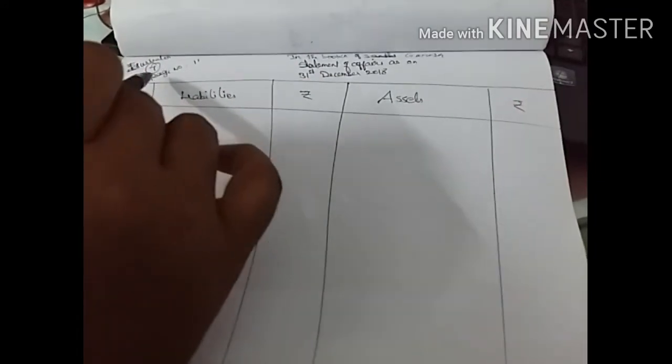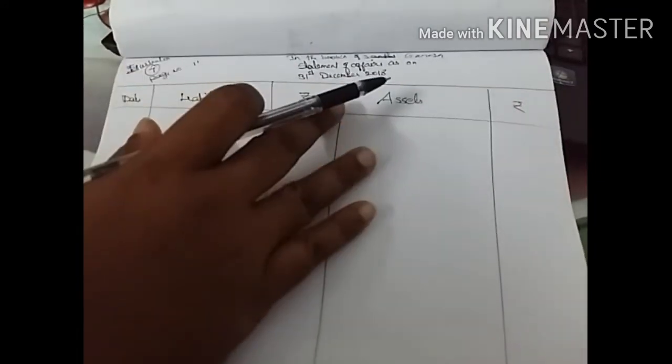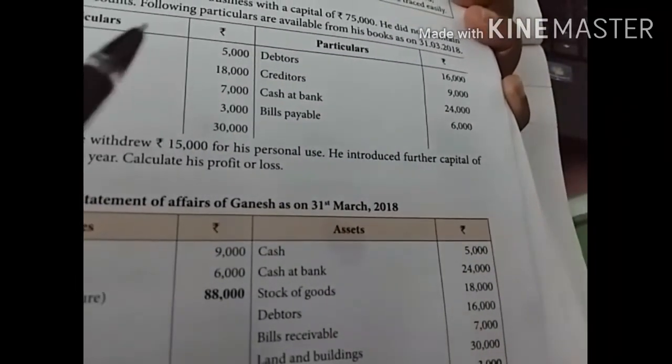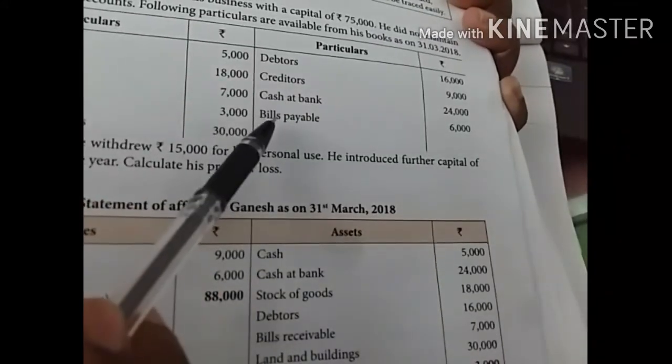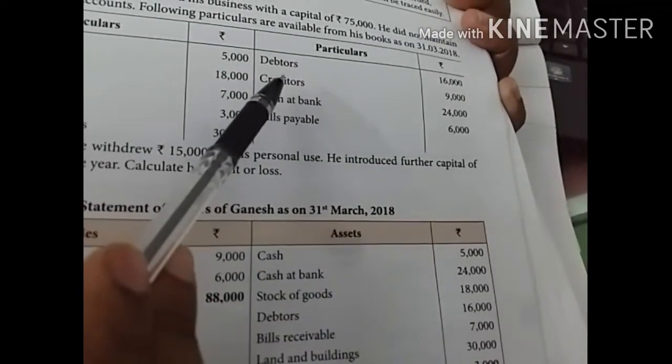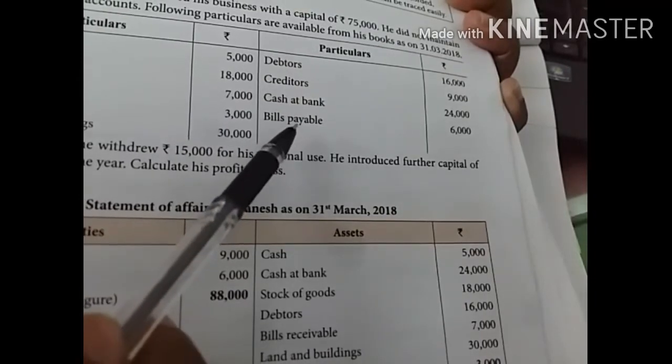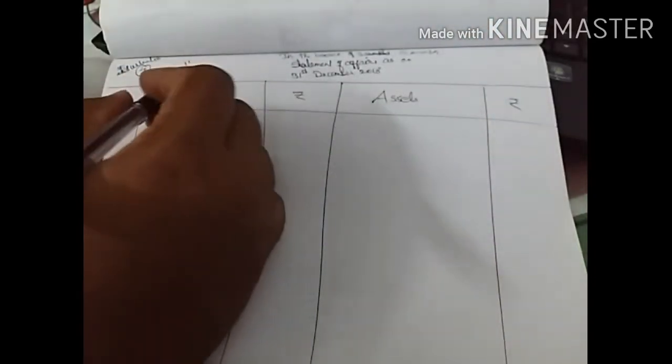Illustration 7, page number 11. So we have only two liabilities, creditors and bills payable. How much are the creditors given? 9,000, and bills payable 6,000. So on the liability side I have to write the creditors.